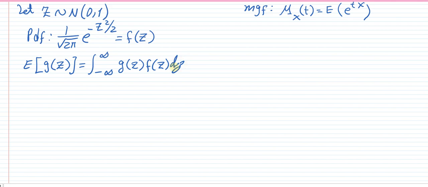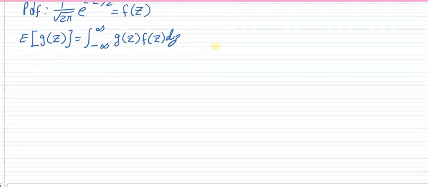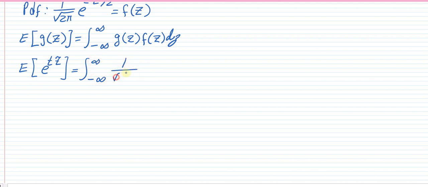Now we do this for the moment generating function. Our function of variable z is e to tz, and this is going to be the integral from negative infinity to infinity of 1 over square root of 2 pi, times e to tz times e to negative z squared over 2.